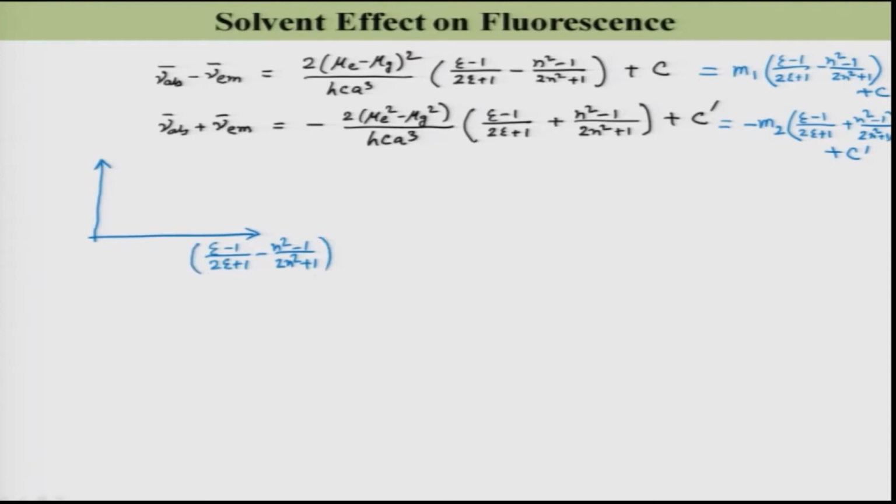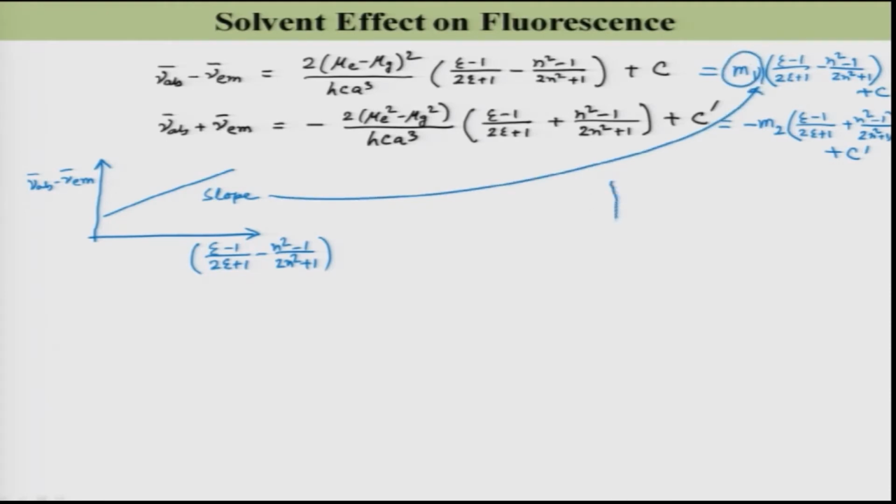Now, if I plot these two, the first one, nu bar absorption minus nu bar emission, I will get a line that way, and the slope is going to be this one, m1.